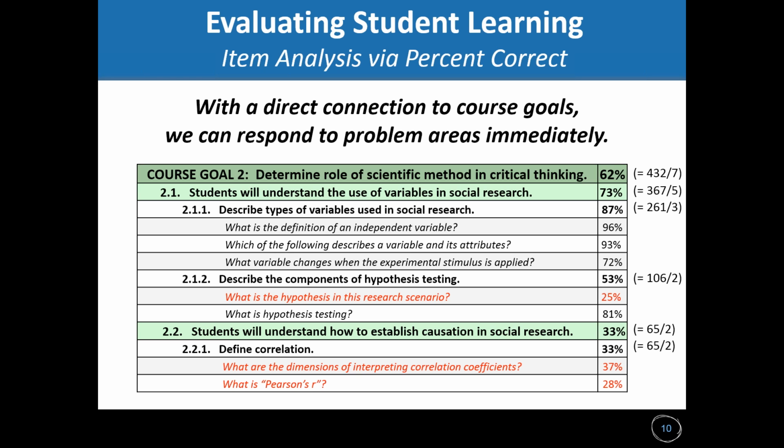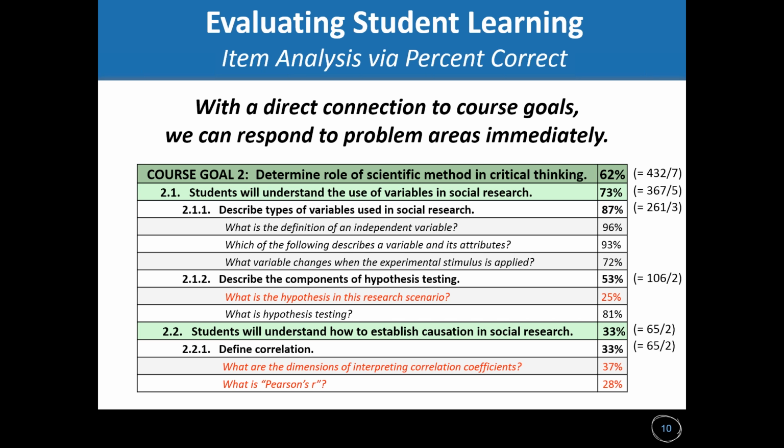This is good. If I wanted to understand 2.1.1, describe types of variables used in social research, I would average those three percentages, which sum to 261, and divide by 3. So the average of 96%, 93%, and 72% is 87%.